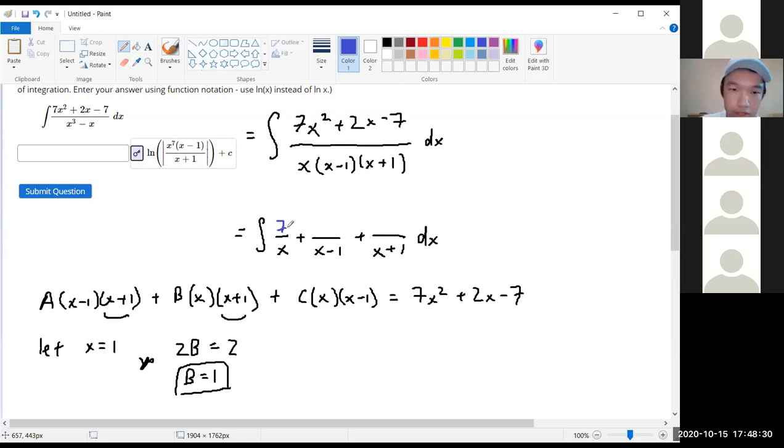So when you integrate this, you will get 7 ln of x plus 1 ln of x minus 1 plus 1 ln of x plus 1.